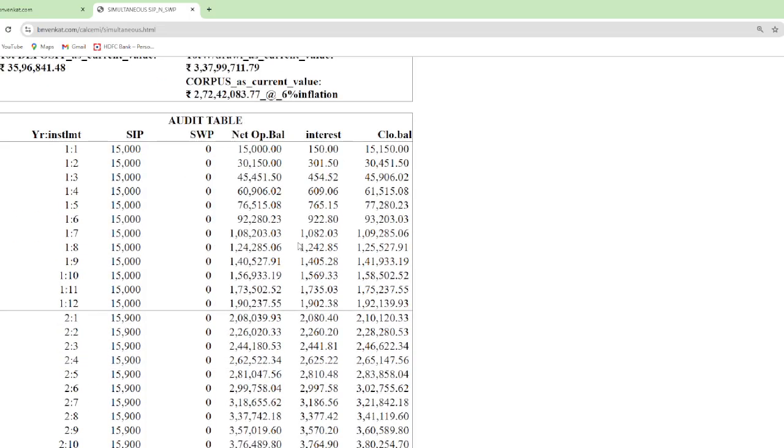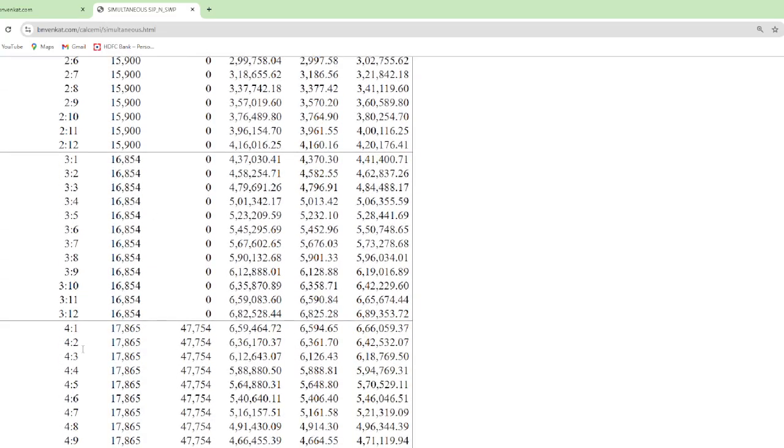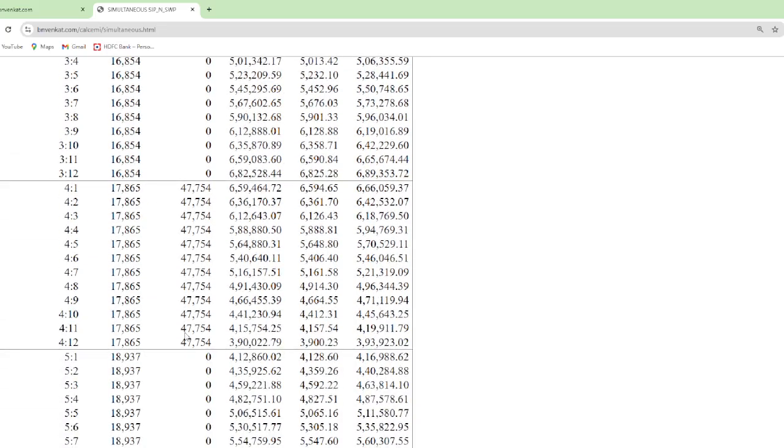Now you can see first year SIP, second year SIP, third year SIP, and in the fourth year you start withdrawing the 3 years' SIP in our SWP pattern. That is, you can withdraw 47,754, approximately 48,000 rupees, in the fourth year.